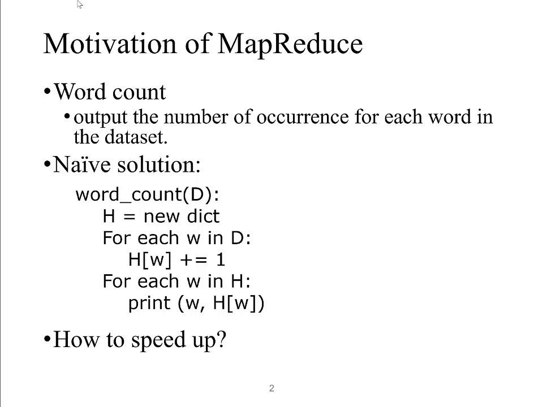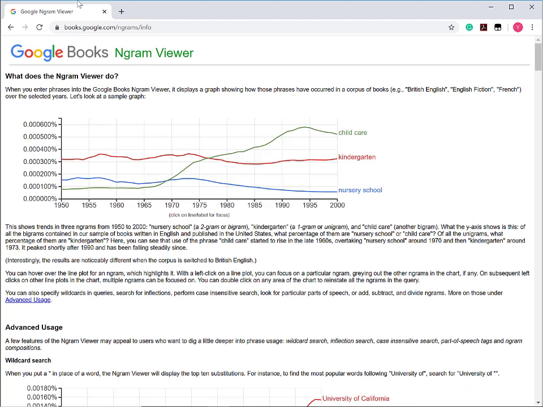The goal is to output the number of occurrences for each word in the dataset. This task looks boring, but it is not. This is Google's Ngram Viewer, where Google counted how phrases have occurred in a corpus of books over decades. And the numbers here actually show something.